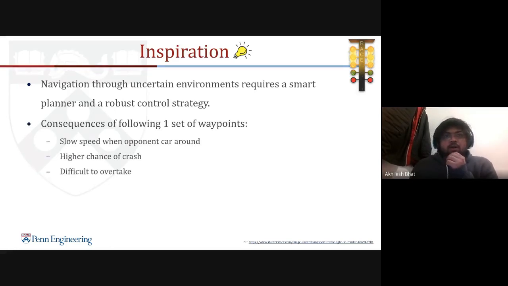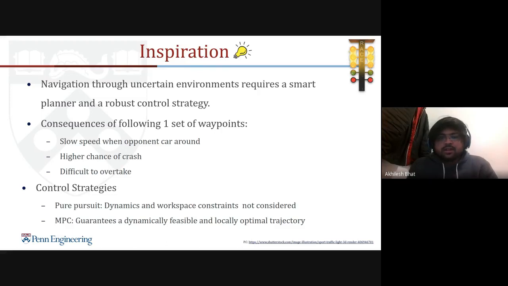Also, in most of our previous labs, we've been following just one set of waypoints, which sometimes may not be the best strategy because when you're tracking one set of waypoints, you need to slow down when the opponent car comes around you, because you're following one point and you don't have any other track to follow. Also, if you get sandwiched between a wall and the opponent, then there's a very high chance of crash. And it becomes very difficult to overtake when you have just one set of waypoints.